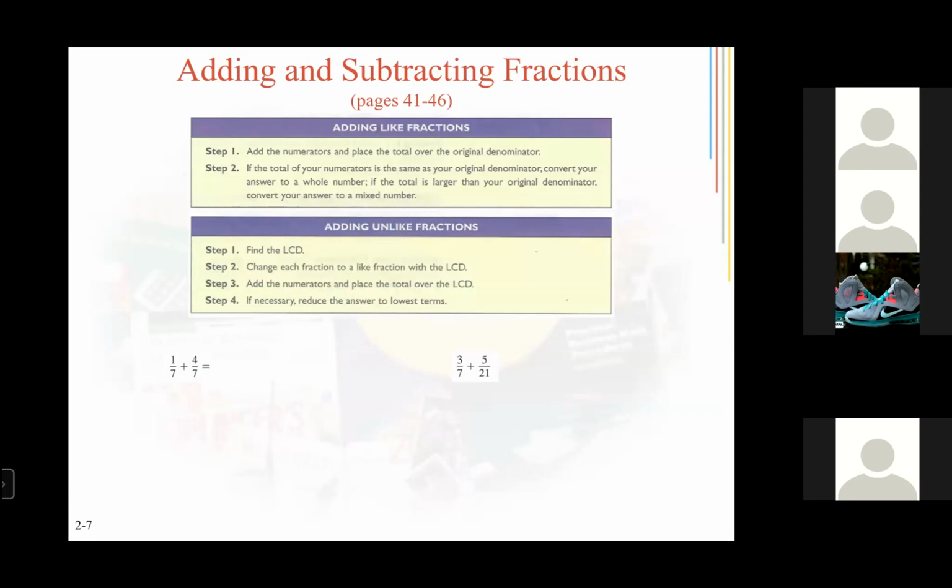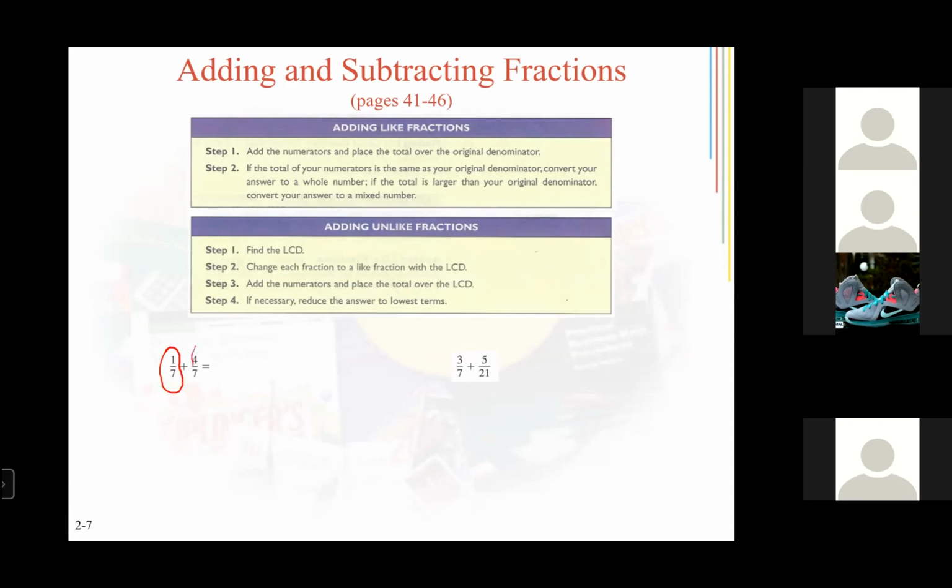Okay, so what's the answer for the first one? 5/7. That's it. Because what this one is saying is, I divide something into 7 parts and I take 1.